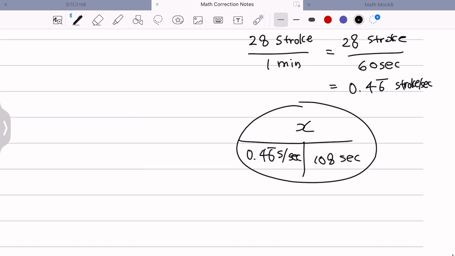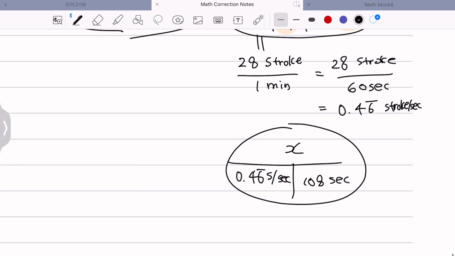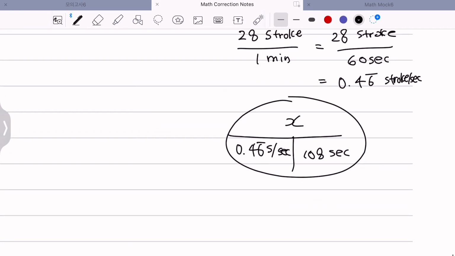So if you multiply these two in the calculator, the answer would be 50.3999999.